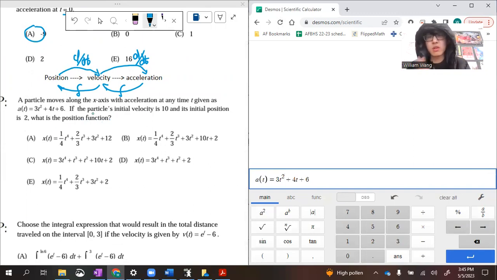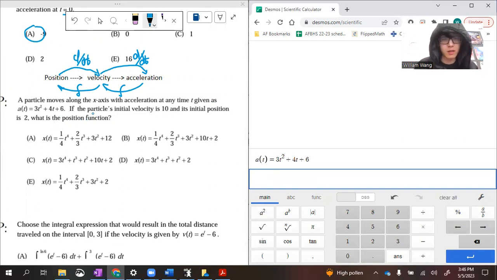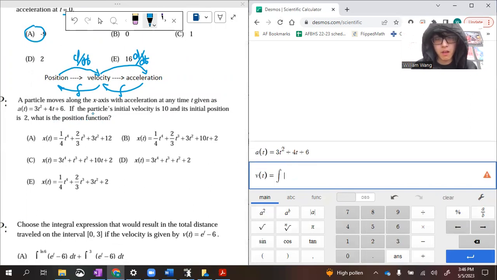So all I know, I'm starting with acceleration, I need to go back to position. So first I'm going to take the integral. To do one integral, I get my velocity. So I'm integrating 3t squared plus 4t plus 6. All right, so let's integrate that.